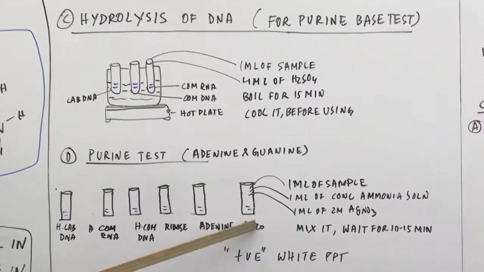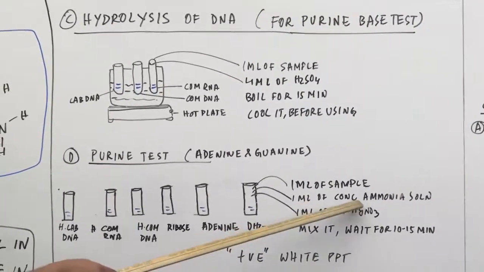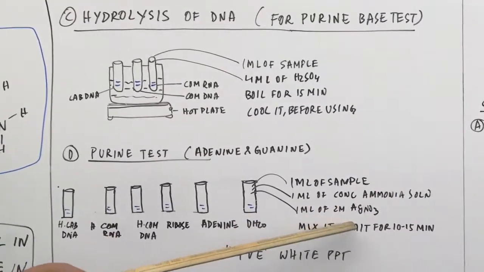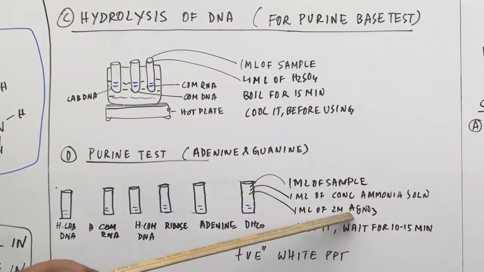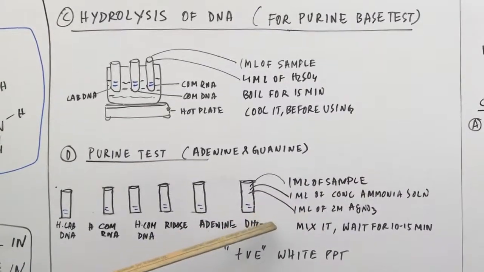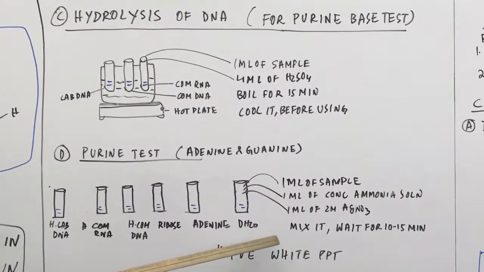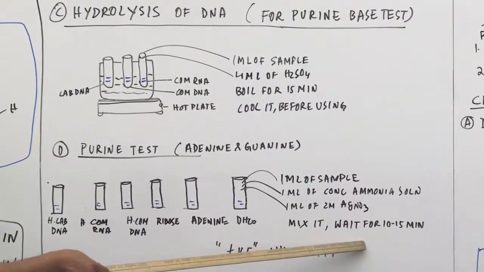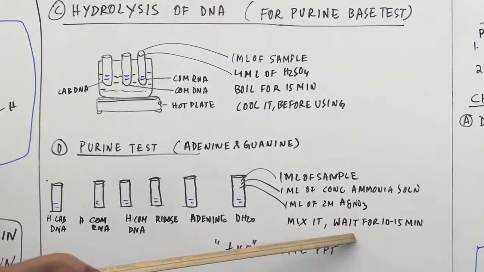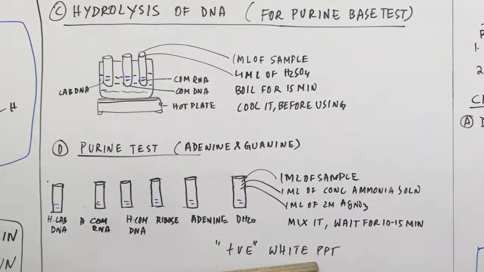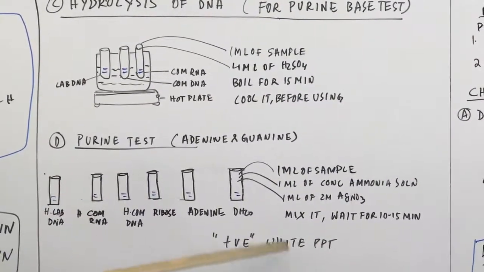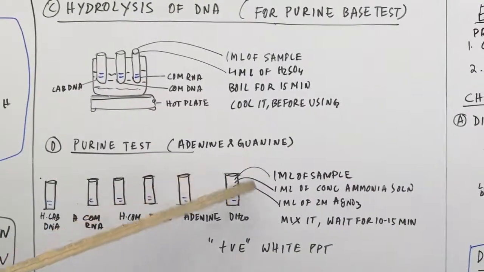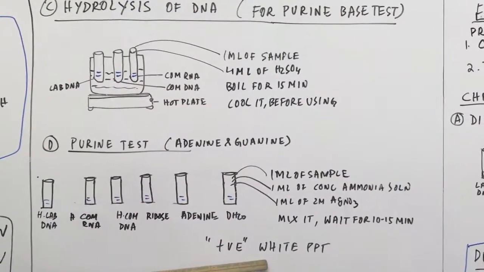After that, we will add 1 ml of concentrated ammonia solution and 1 ml of 2 molar silver nitrate into each test tube separately. We will mix it thoroughly, then wait for 10-15 minutes to observe the white precipitate formation. The presence of the purine bases, adenine and guanine, will be indicated by the white precipitate.